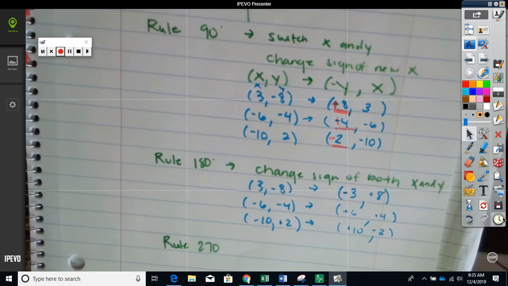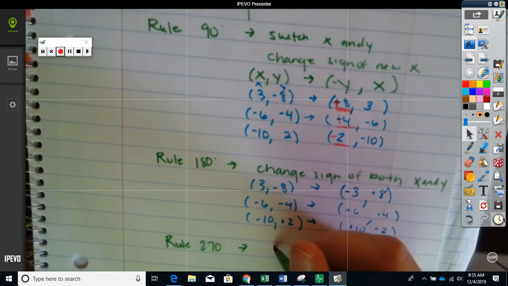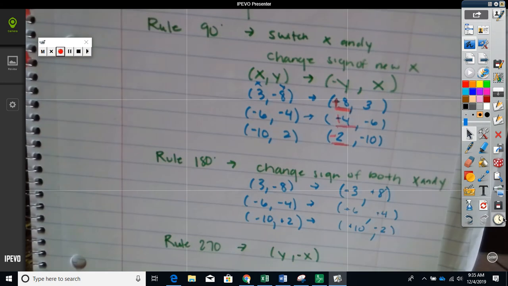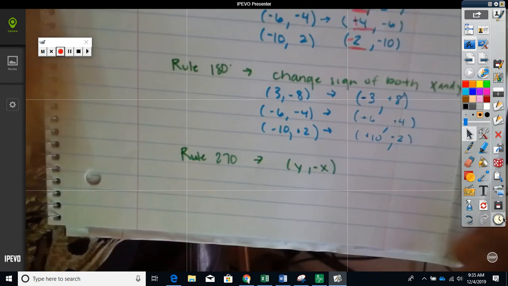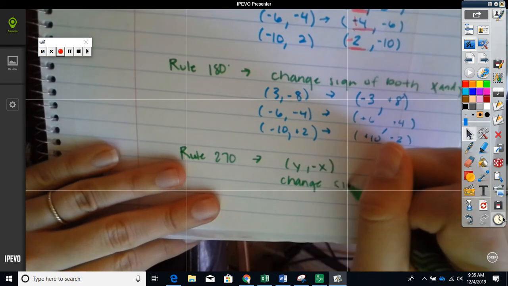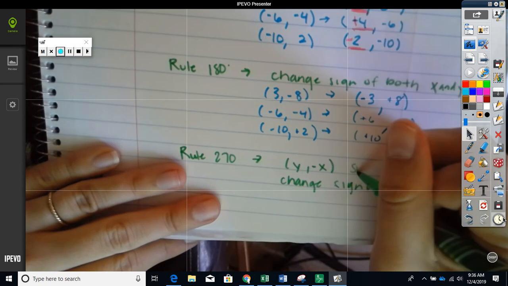Because you would have switched them. You change the sign of the new one. So then it's basically y, comma, x, -x. Okay? Oh no. So what you're doing is you're changing the sign of the new y. And you switch x and y.